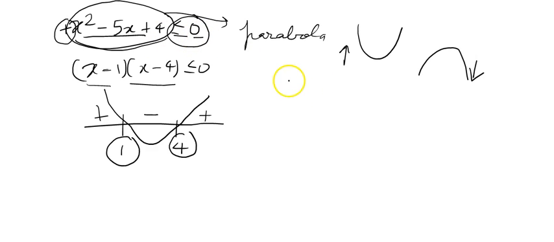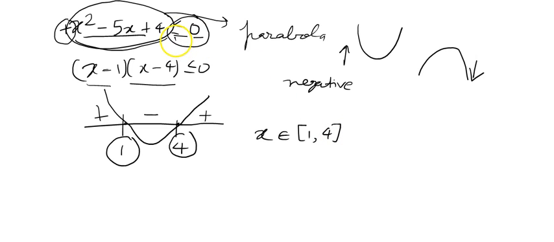Less than 0 means negative. So I have to see in which region the quadratic function is below x-axis, that is between 1 and 4. So my answer is going to be x belongs to 1 to 4.